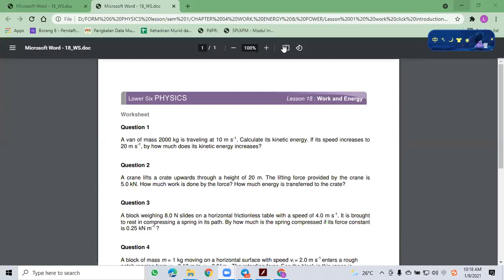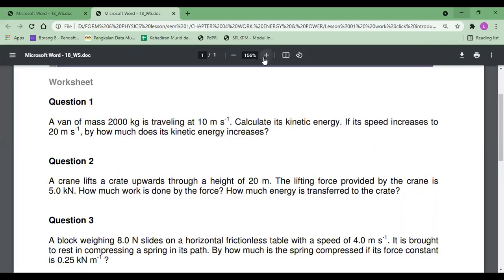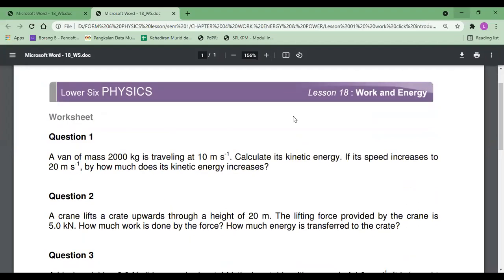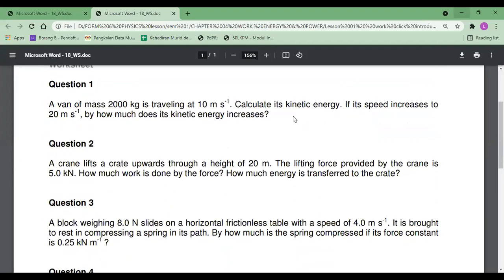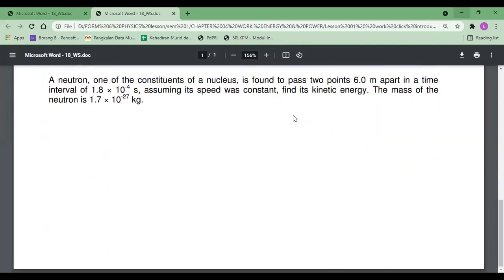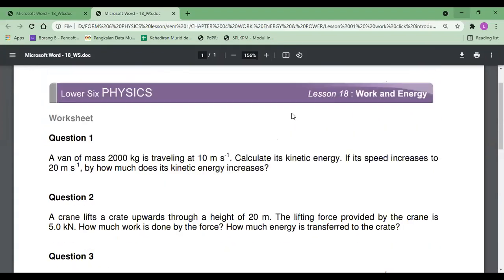Ladies and gentlemen, this is the exercise for today's lesson. For work and energy, we have question 1, question 2, question 3, question 4, question 5, five questions only for today's exercise.